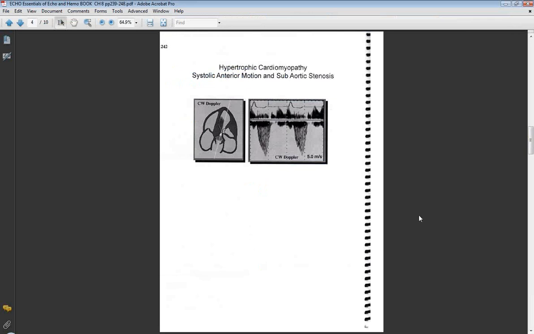As we dealt with in the last session, we're talking about hypertrophic cardiomyopathy and the different types of Doppler profiles that you can get with hypertrophic cardiomyopathy.